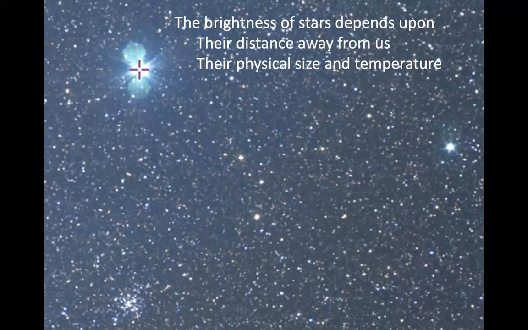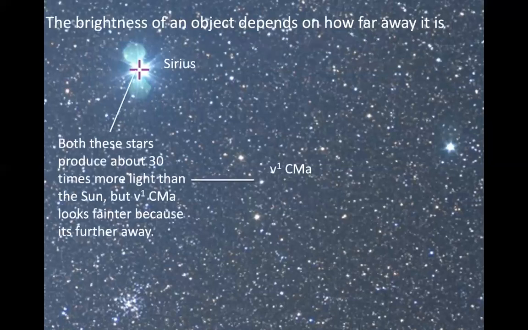But that's not the whole story, because it turns out there's another star in this image, this one here, which doesn't have nearly as nice a name. It's Nu 1 Canis Majoris, which actually produces just as much light as Sirius does. But it doesn't look it. It looks pretty faint.